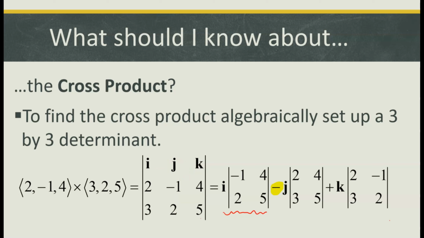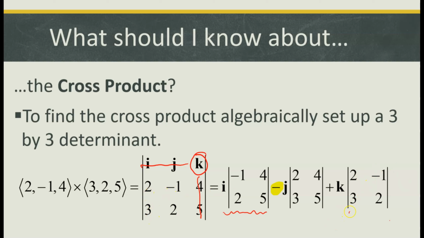Now, having taken care of the second entry of the first row, we now move on to the third entry of that first row. And so what we have is the unit vector k, and we remove the row and column that contain k, and we end up with this subdeterminant that's 2, -1, 3, 2.